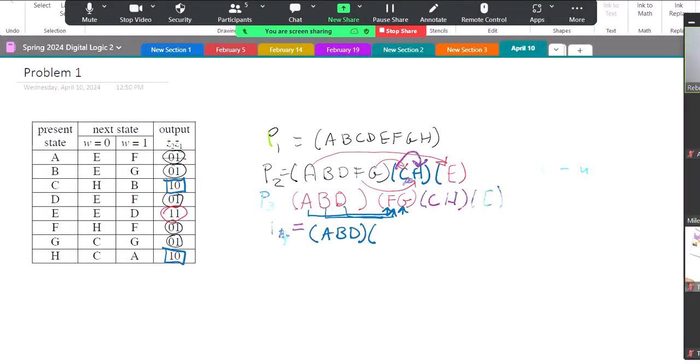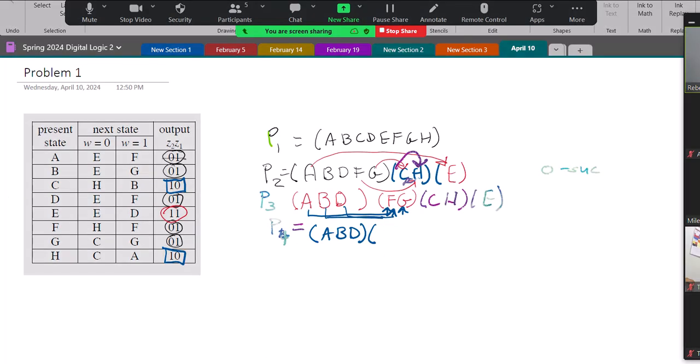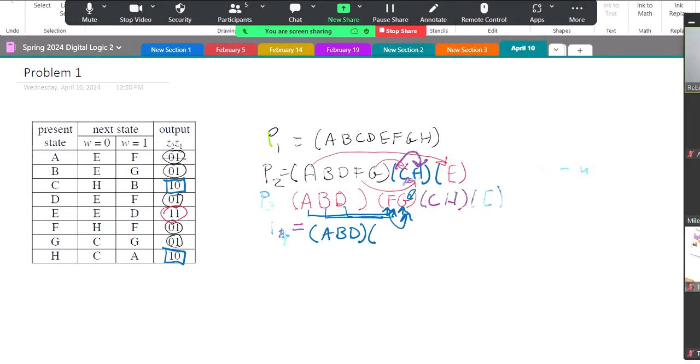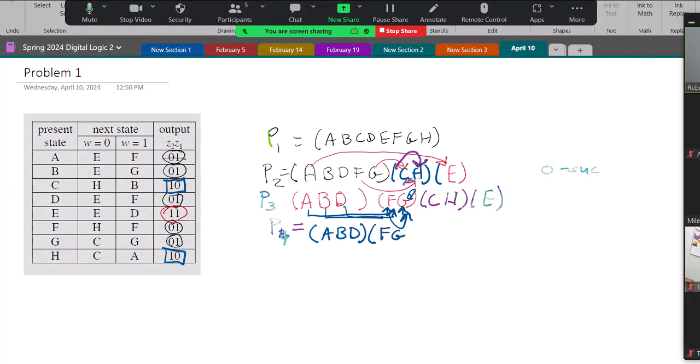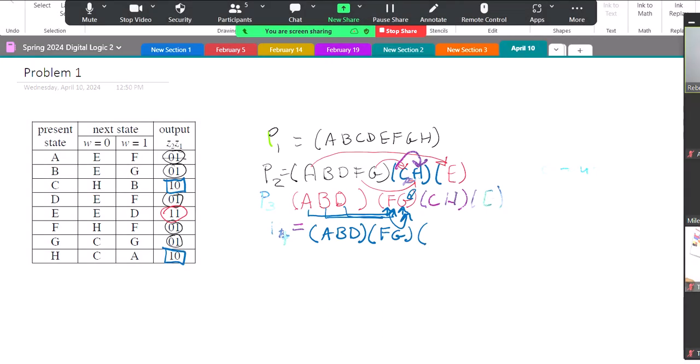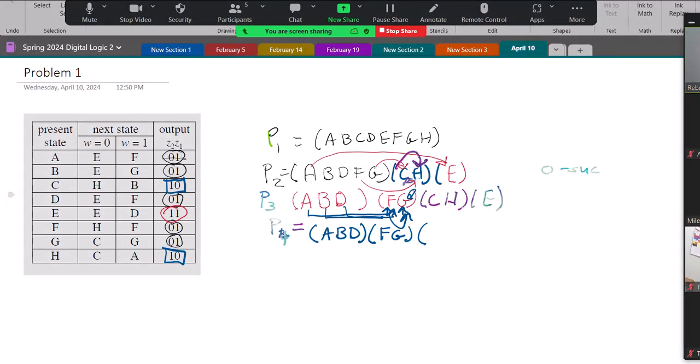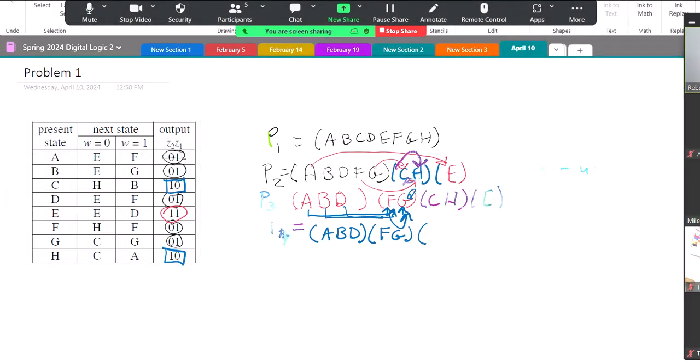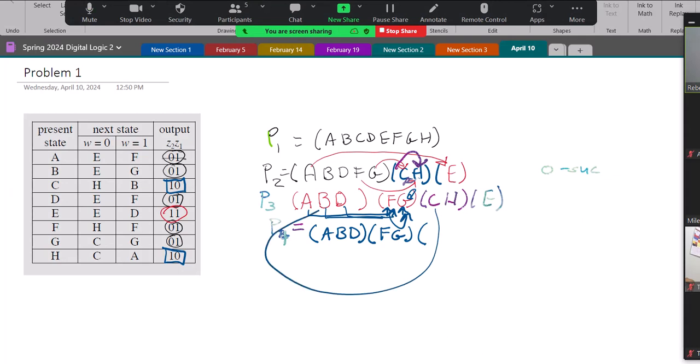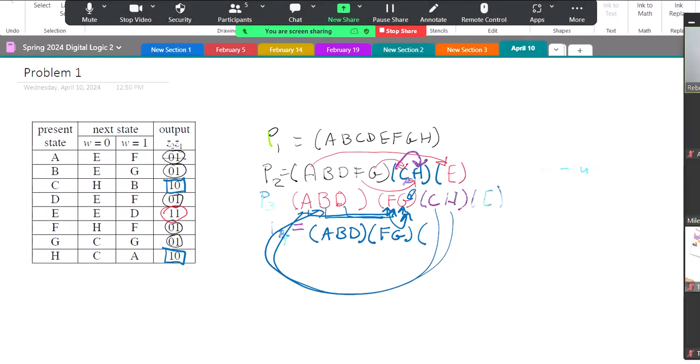Okay. F goes to F, and G goes to G. Those are both in the same partition, so they stay together. C goes to B, which is the first group, and H goes to A, which is also in the first group, so they stay together.